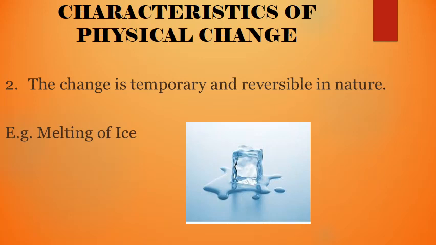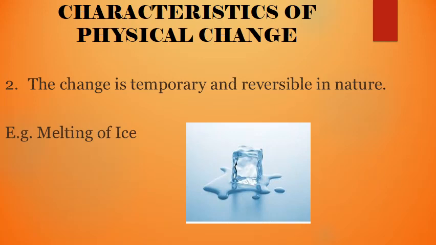So one of the examples we will take to understand it is melting of ice. If you take some ice out of the refrigerator and put it in a glass, you will see slowly the ice melts. After some time, all the ice would have changed into liquid water.